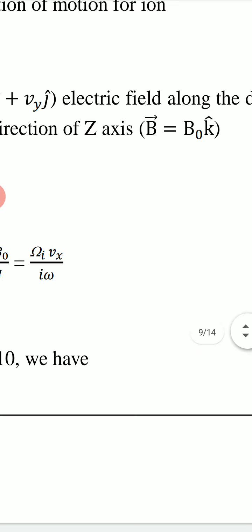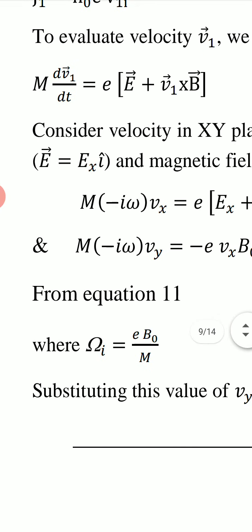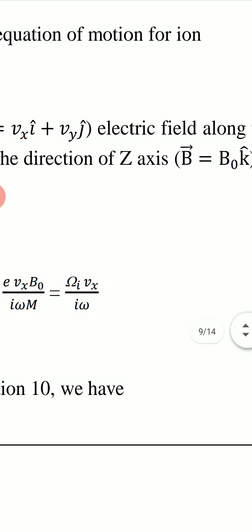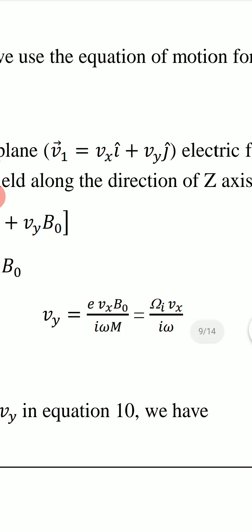Velocity is in the xy plane, so we write v1 vector equal to vx i plus vy j.